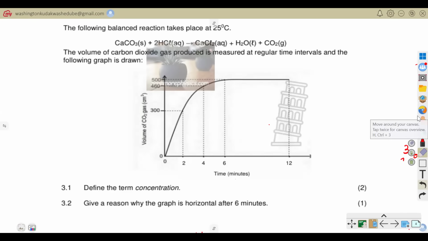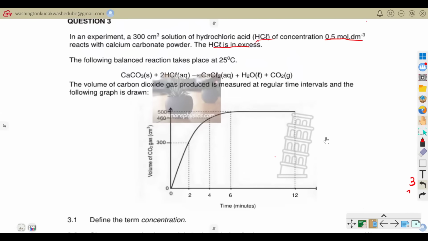So here we are given the information that we have a concentration of 0.5 moles of hydrochloric acid at a volume of 300 cubic centimeters. So we are simply saying that we have 0.5 moles in a volume of 300 cubic centimeters.